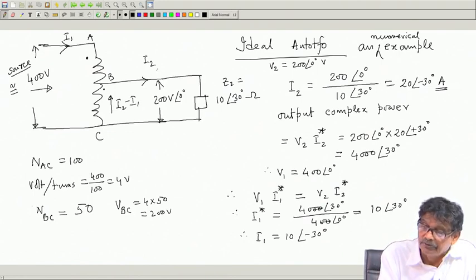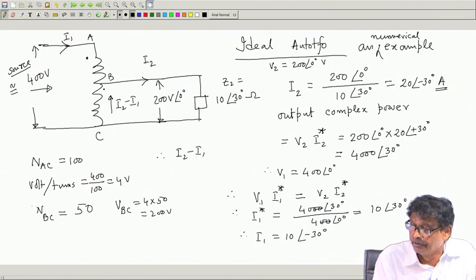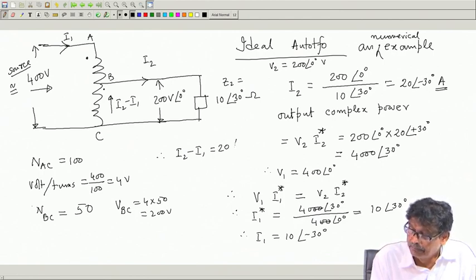I 2 is known, I 1 is known. Therefore, current in this portion, in this direction, it can be calculated. So, I 2 was here, there is no star. So, 20 minus 30 degree minus I 1, which is 10 minus 30 degree, whatever it comes.